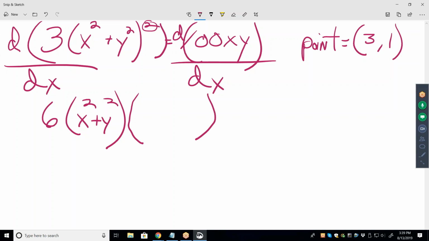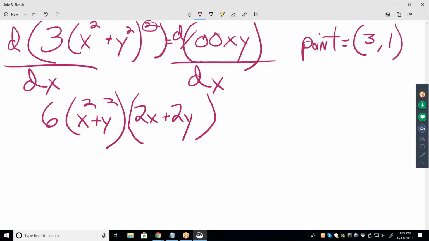So is that going to be the derivative of the inside? In other words, it's helpful if you think of these as when you're applying the chain rule, you're always starting with the derivative of the outside, and you're going to multiply it by the derivative of the inside. All right? So 2x plus 2y.